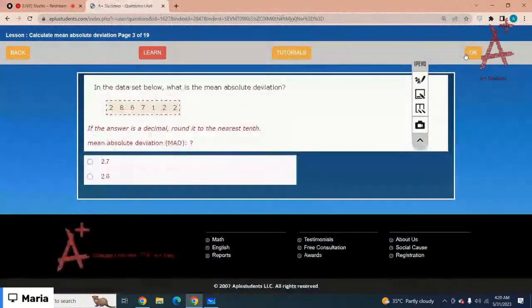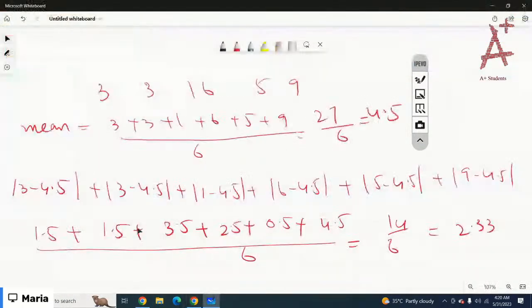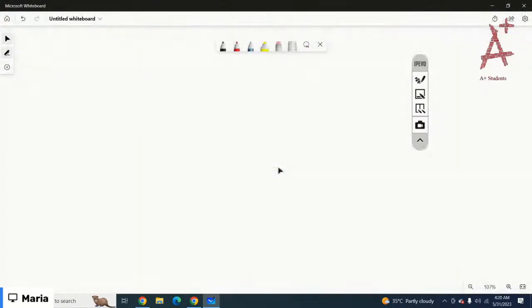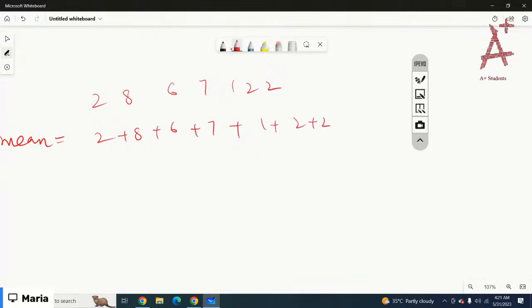Okay, the next one is 2, 8, 6, 7, 1, 2, 2. Let's just calculate the mean value. 2 plus 8 plus 6 plus 7 plus 1 plus 2 plus 2, divide by 7.